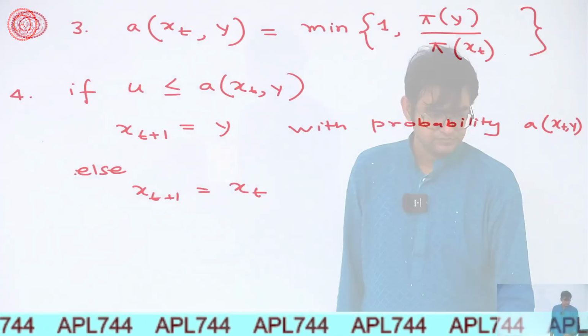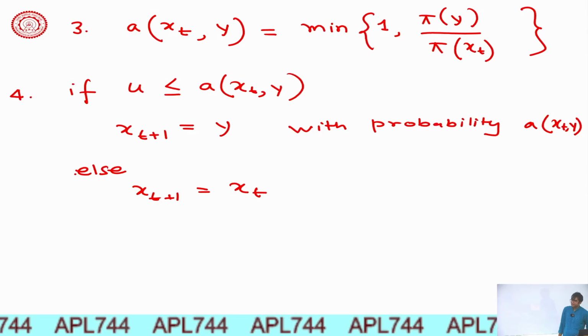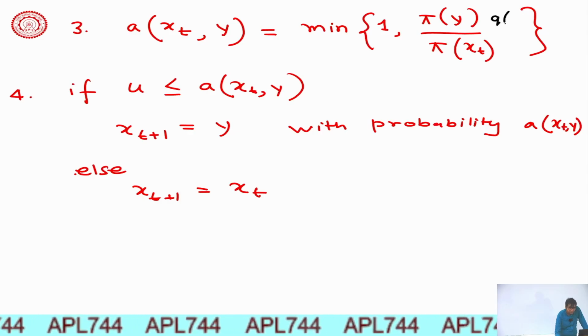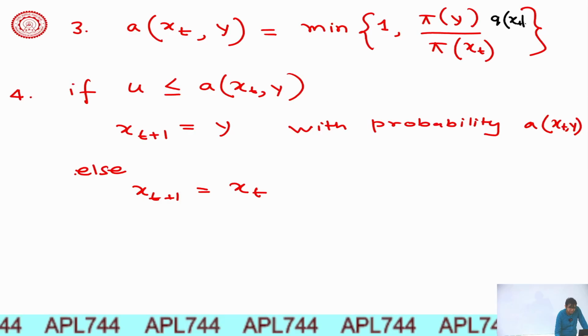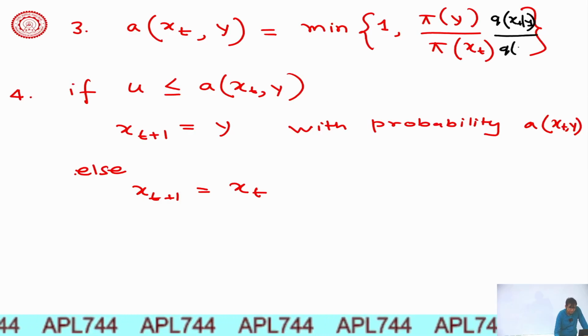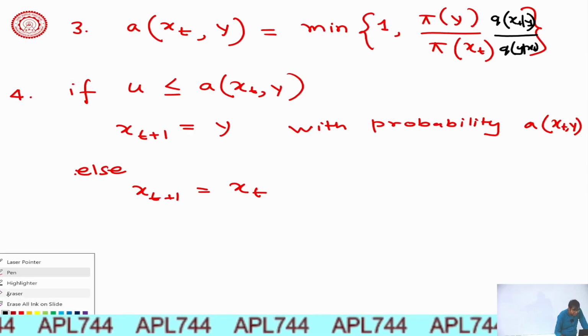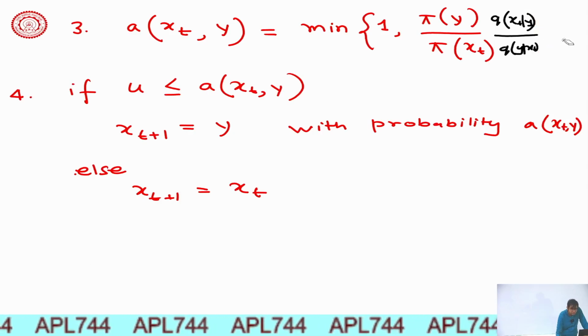Second thing, this acceptance ratio is modified. This becomes Q of xt given y, you multiply with it, and here Q of y given xt. Maybe I should remove the red and then, okay.